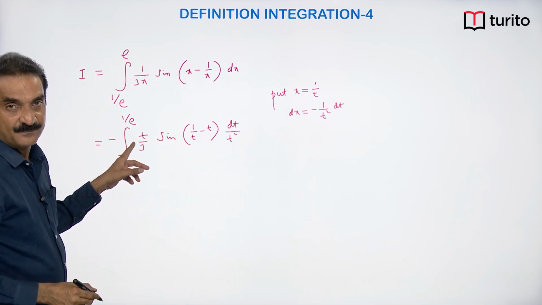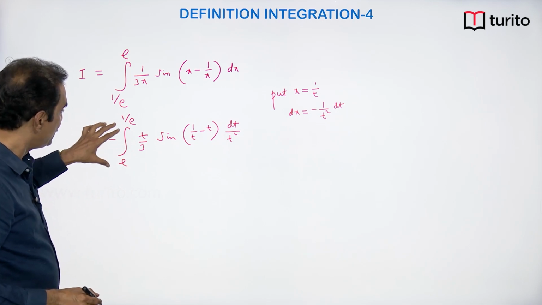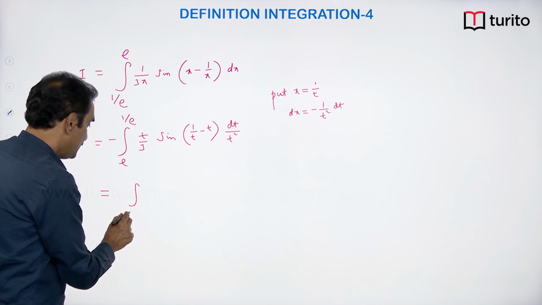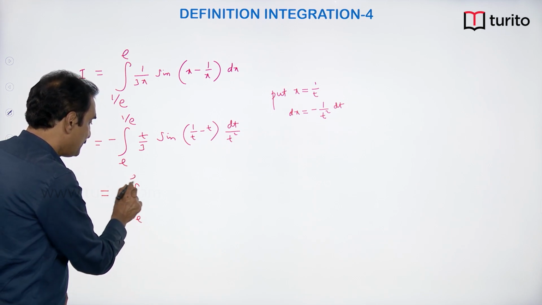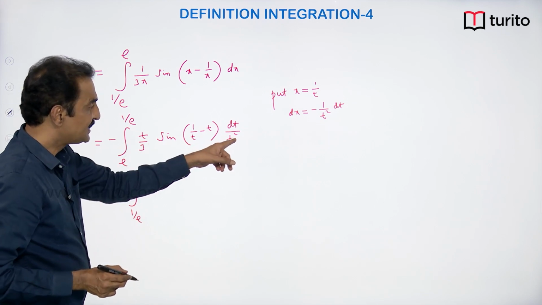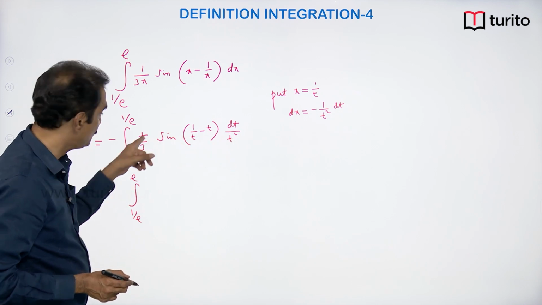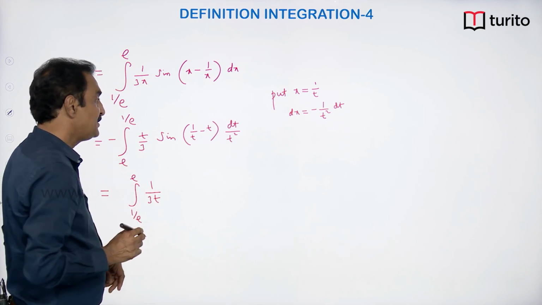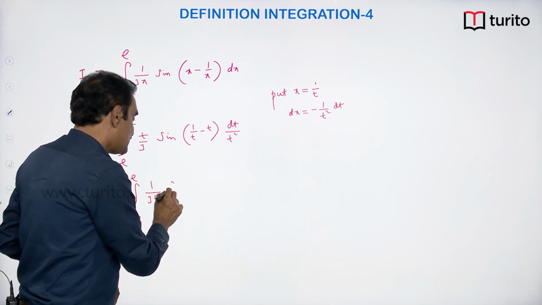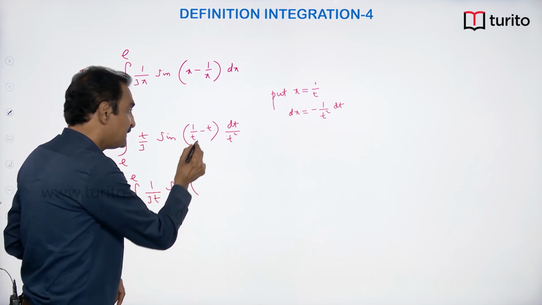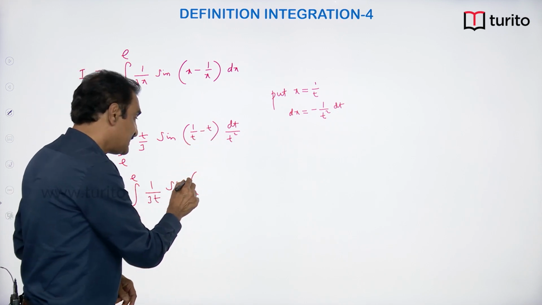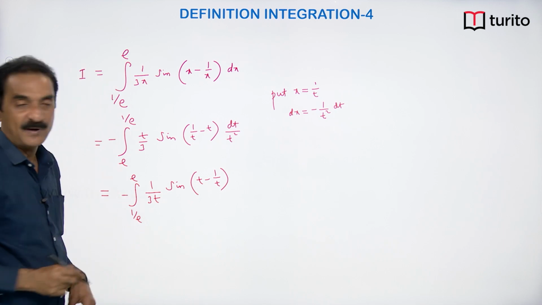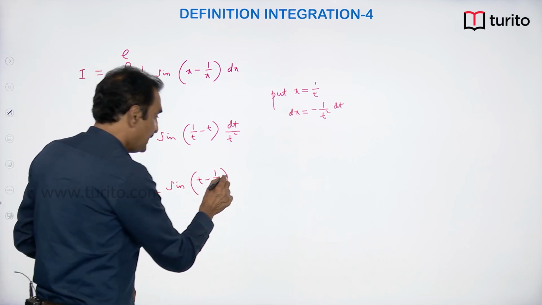T cancels and remove this minus sign and interchange the limits. Then you will get integral 1 by e to e. After cancelling t, another t is there, not t into 3. You will get 1 by 3t into, we can write this as sine of 1 by t minus t can be written as t minus 1 by t, and then we have to put minus sign here, dt.